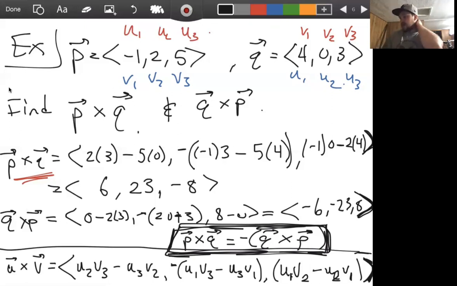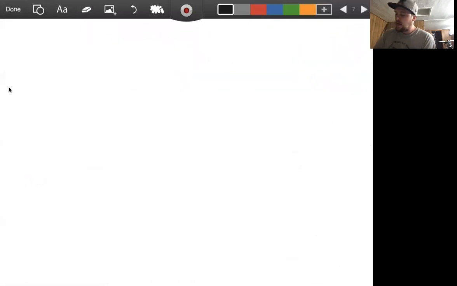The next thing I want to say, there's a remark and some properties I'd like to go over for now. So let's take a look at what we have. There's quickly a remark, and this is about the geometry of the cross product.